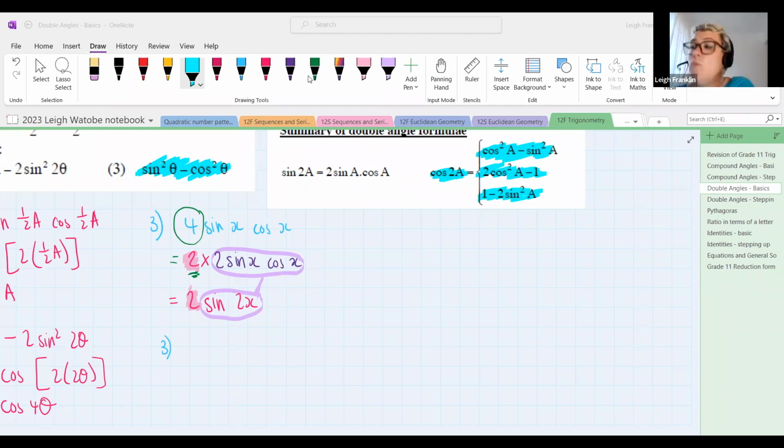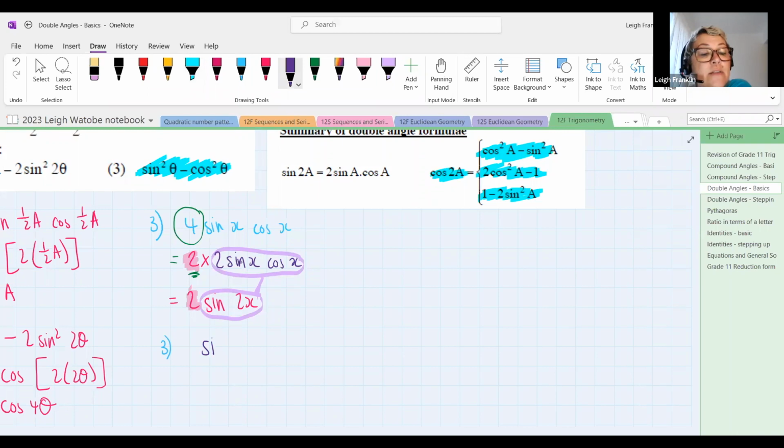So again, we are manipulating, we are changing what we see so that we can get it into the correct expansion so that we can do the reversal of the expansion. Very nice. Rearrange and bracket. Okay, so let's go ahead and do that.